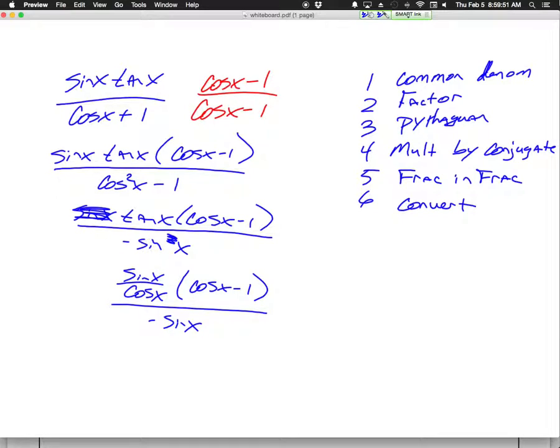So now which one of my 6 do I have? I've got a fraction and a fraction, so I multiply by cosine over cosine.